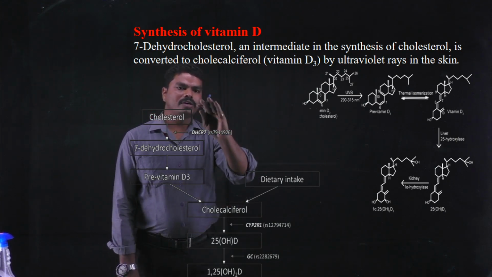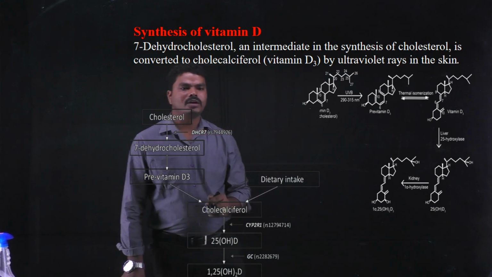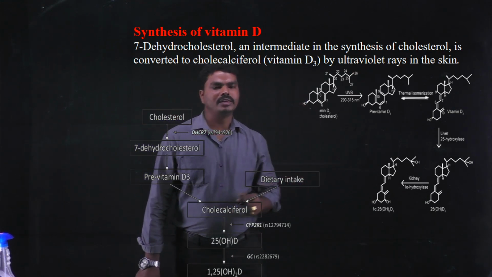This will be converted to cholecalciferol. Cholecalciferol is also called vitamin D3, formed by ultraviolet rays in the skin.